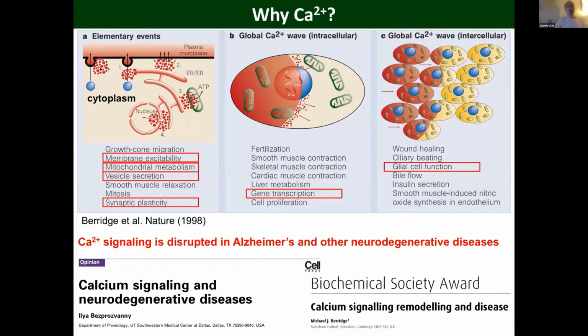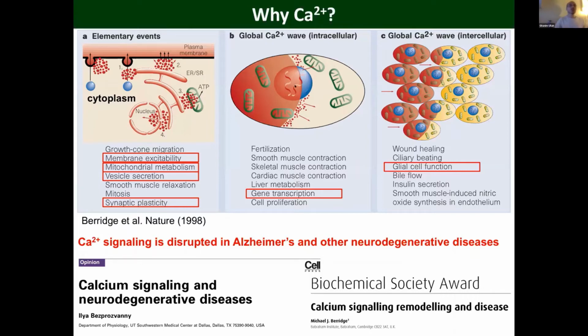They have some meaning for the signal function. They kind of have some instructions for the cell to do certain tasks. Then there are global signals which go through the entire cell, and then there is intercellular calcium signaling.